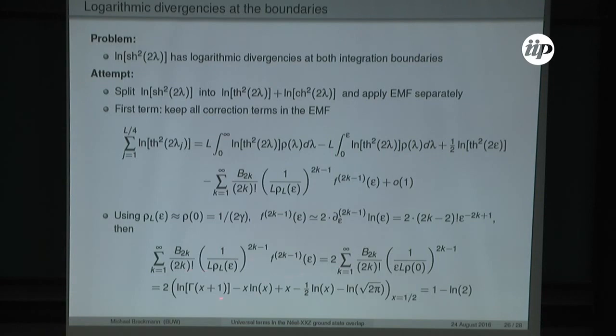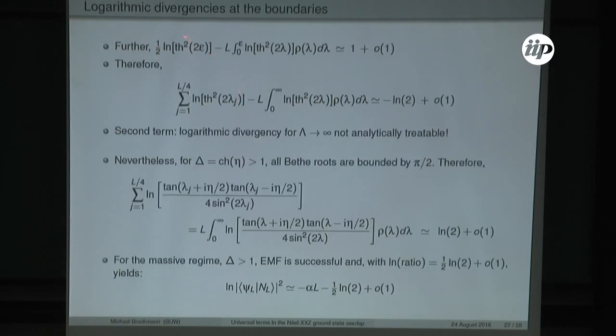Anyway, this can be used, and then you also have a contribution from the integral from 0 to epsilon of this, and the constant correction of the Euler-Maclaurin formula, which is just 1 plus subleading corrections, and therefore you can sum up the log of tanh squared minus the extensive part, which is just minus log 2.